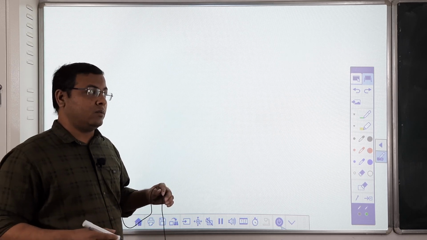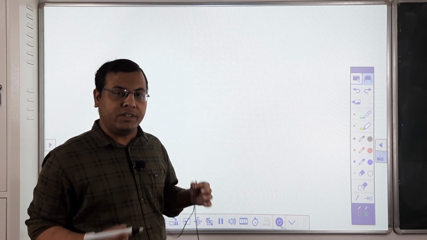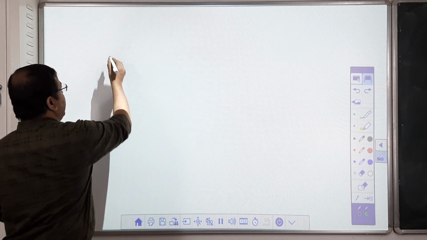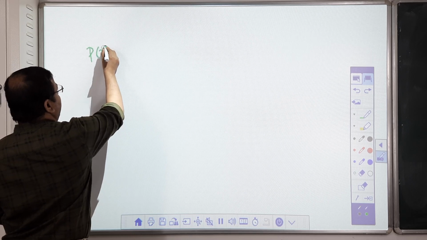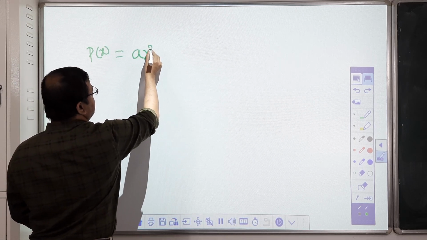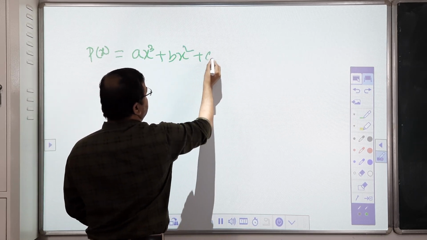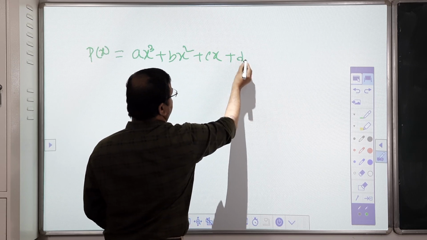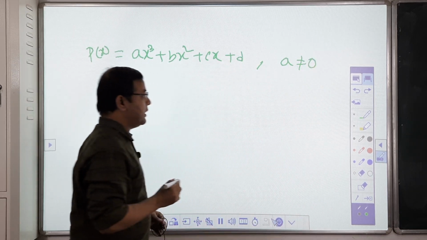So, if the polynomial is a cubic polynomial, then what is the relation between zeros and coefficients? Similarly, a general form of a cubic polynomial is ax cube plus bx square plus cx plus d, where a is a non-zero real number.